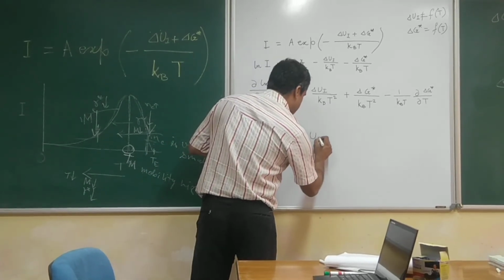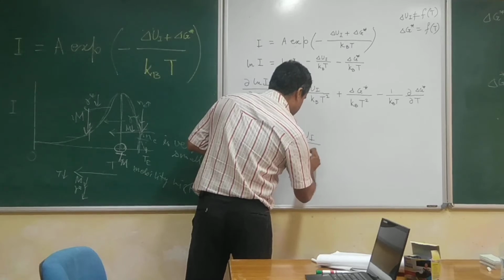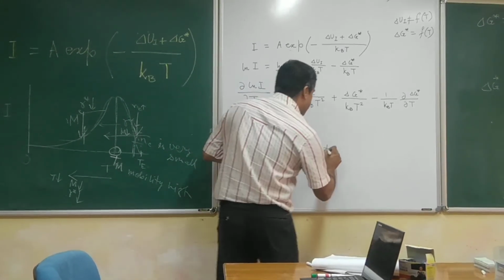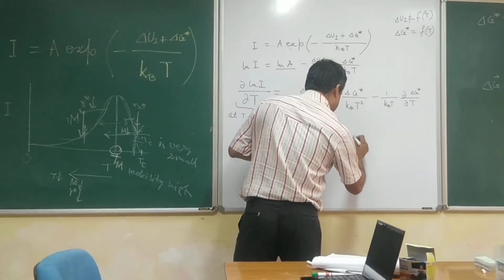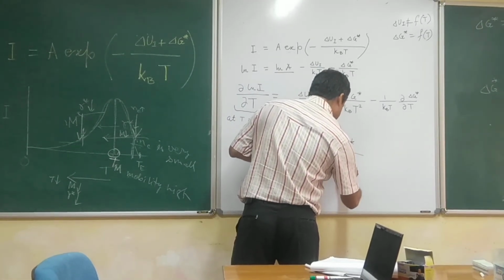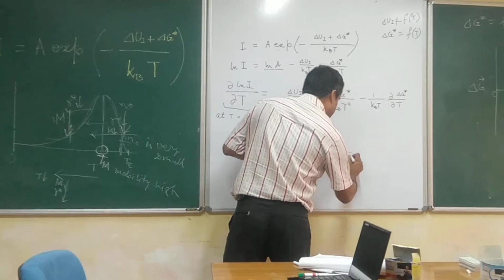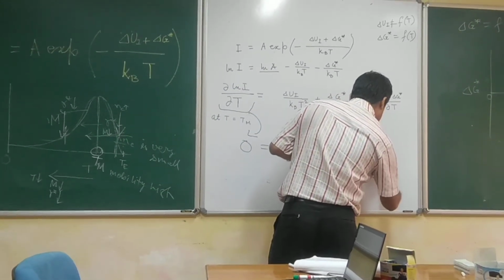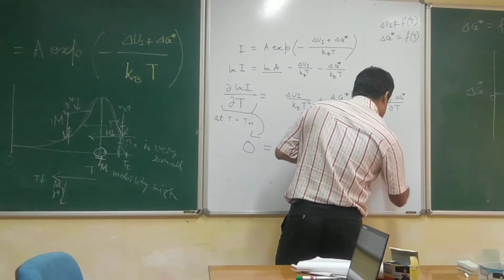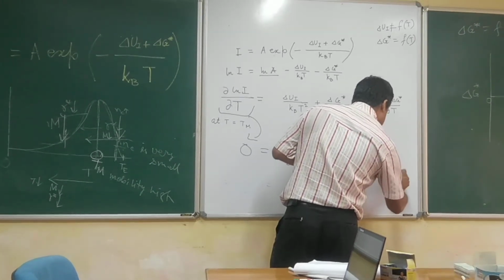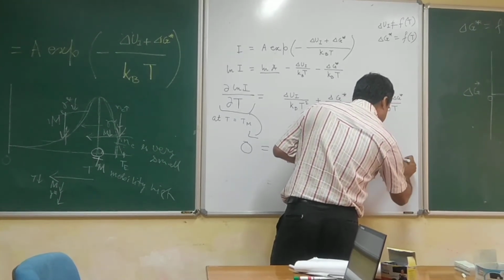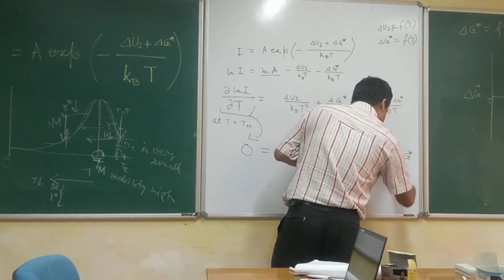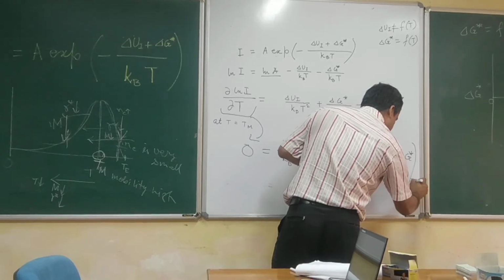So 0 equals delta Ui over kB Tm square plus delta G star over kB Tm square minus 1 over kB Tm del by del T of delta G star at T equal to Tm.